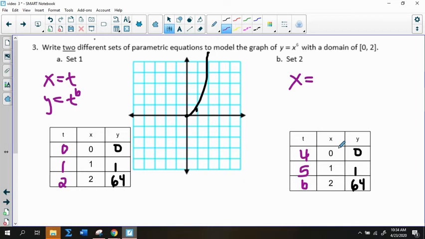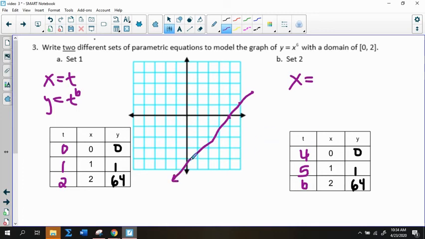I'll actually graph these so you can see what I'm talking about here. So let me erase this. If I have the points 4, 0, 5, 1, 6, 2, there it is. Terrible line, but you get the point.